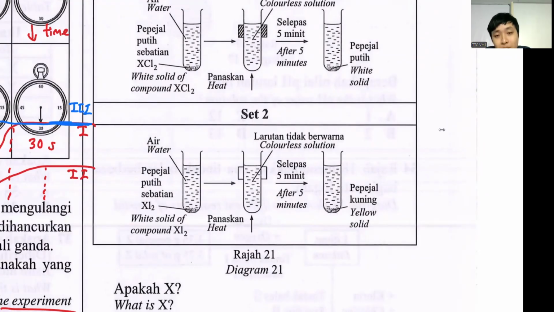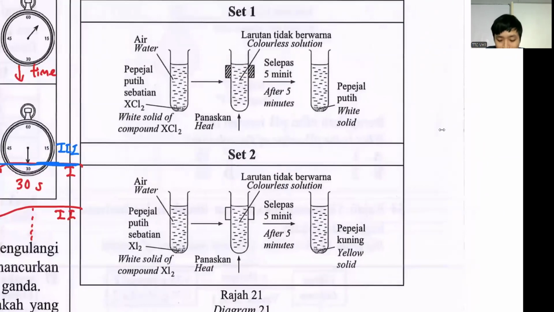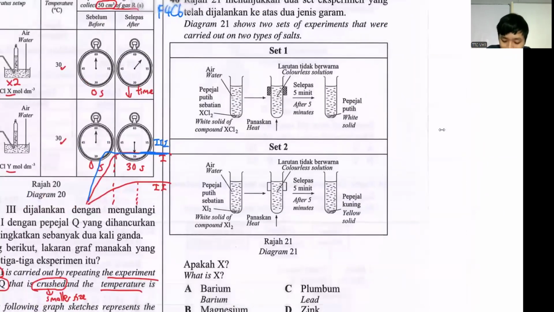You know what X is? But the formula is wrong, it's not PbI, it's PbI2. This is PbCl2, and this is PbI2. PbI2 is a yellow solid.